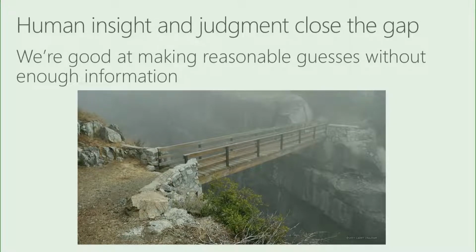We're really good at making reasonable guesses with not enough data. In fact, we're way too good at doing this, and we often have to rein it back and use data to do that. But where the data stops, that's where we can let that go. We can follow our intuition, our outside experience, our gut feeling, and cross that gap and make a decision.